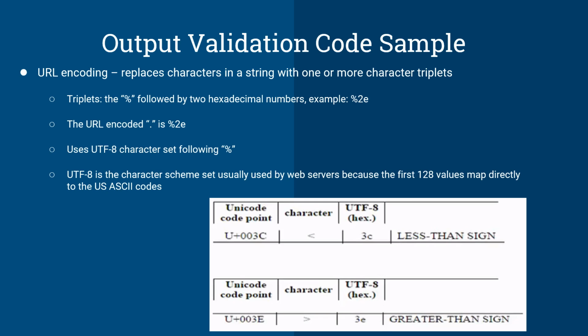The less than sign is represented in UTF-8 as 3C, which in URL encoding becomes %3C. The greater than sign is the same idea: in UTF-8 it's represented as 3E, and in URL encoding it becomes %3E.